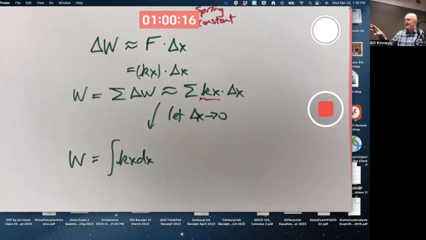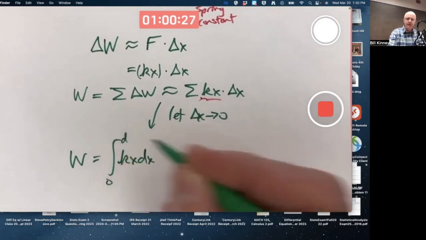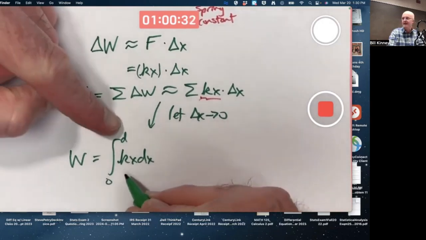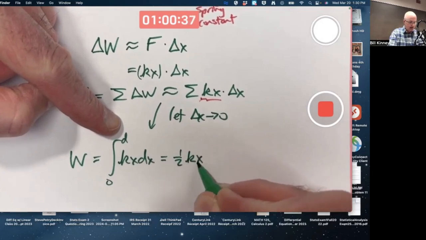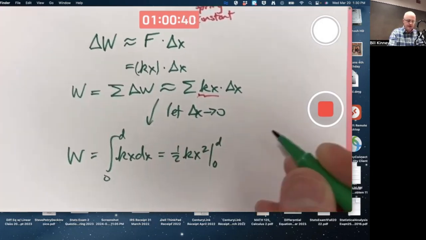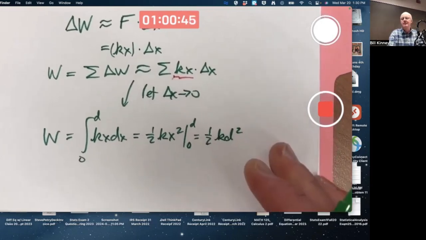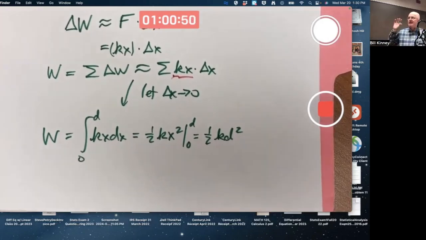If I'm starting with the mass at equilibrium, X equals 0, and pulling it a certain distance, say D, it would be an integral from 0 to D. You could have particular numbers for both K and D. This gives 1/2 K X squared. X goes from 0 to D, which gives 1/2 K D squared. That's the answer for the total work done to stretch it from position 0 to position D, where K depends on the spring.